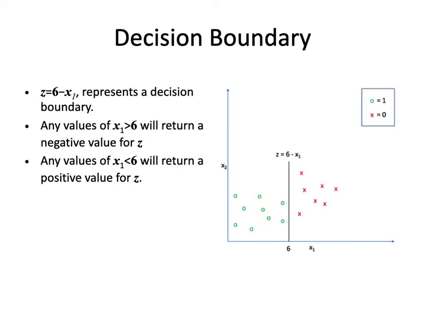And once we get the value of z, then we can define our decision boundary by calculating the sigmoid value of this z. And once we get the sigmoid value, which ranges from 0 to 1, we can define our decision boundary as discussed before.